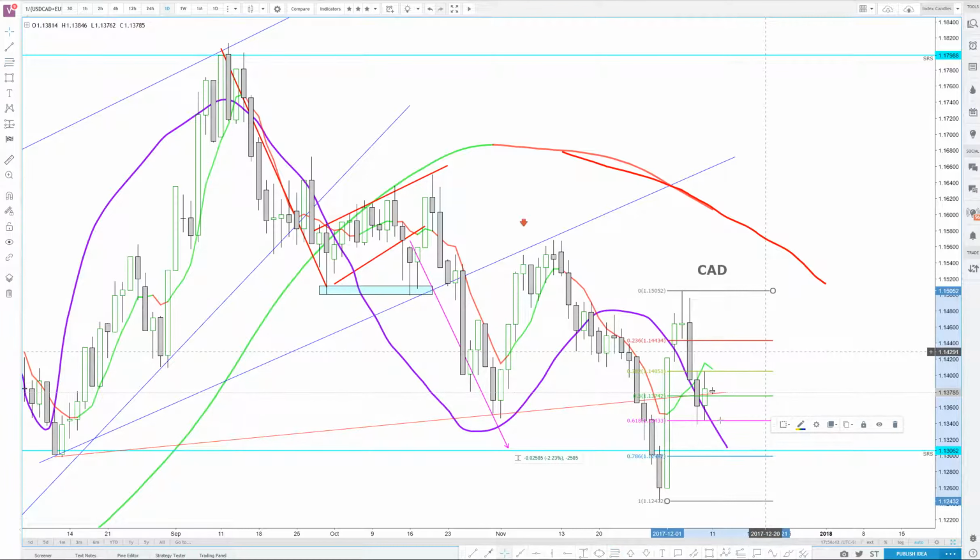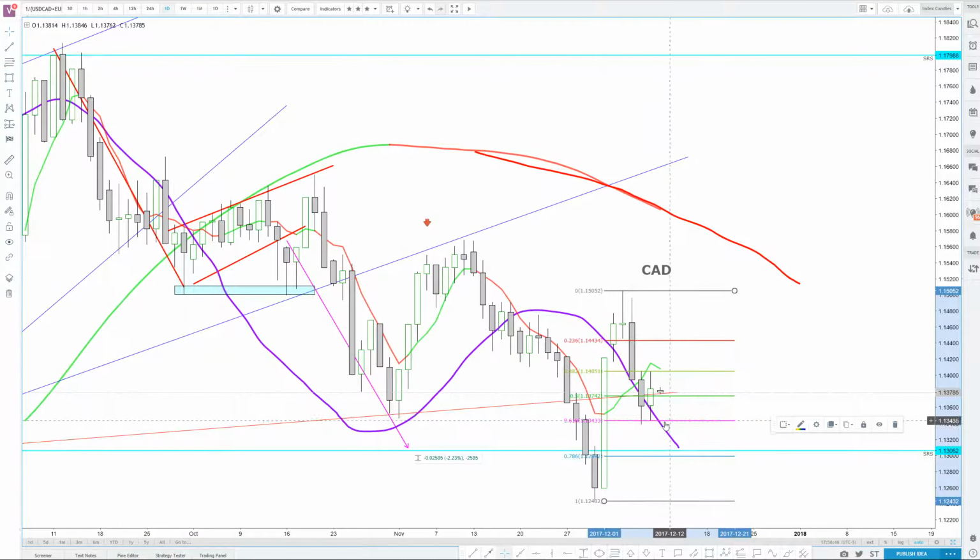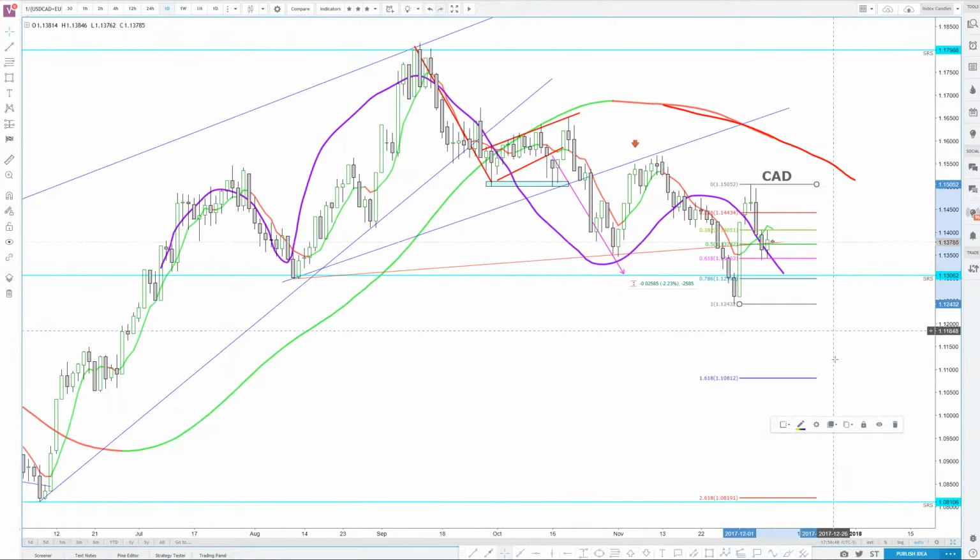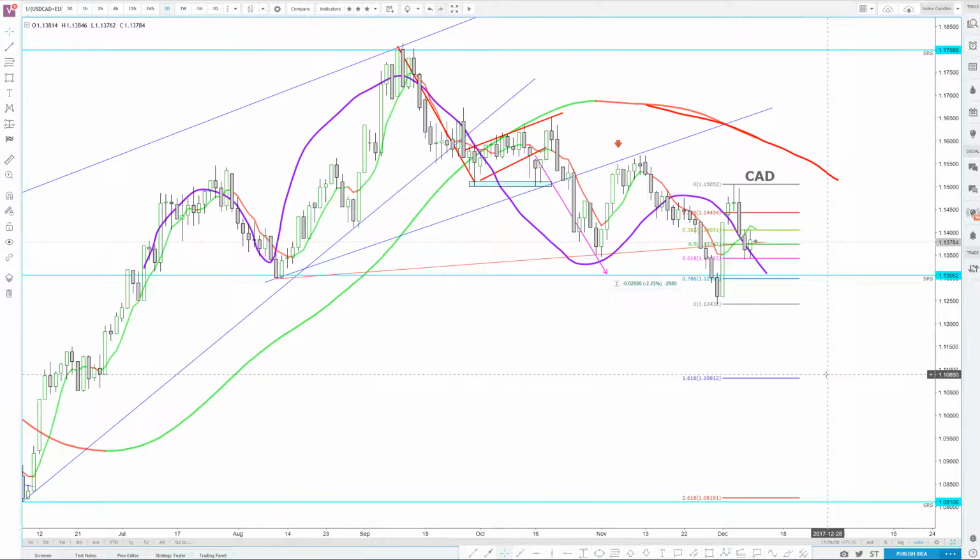All right, so we came down to 618, and now we're bouncing back up. Pretty cool. So I am looking for it to keep moving higher, probably up to around here. Yeah, so Canada is up.